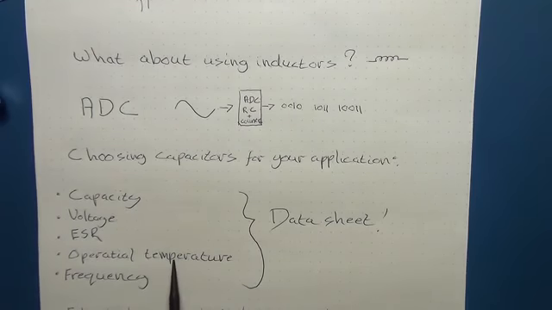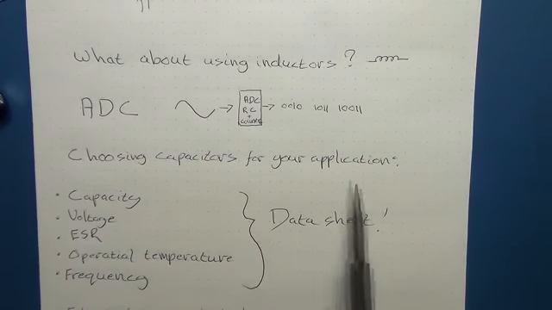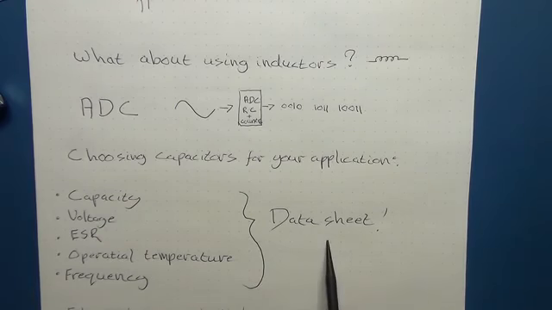So the operational temperature is important, and then obviously, as you've noted, if you've got a frequency component, capacitance changes with frequency. So you want to understand frequency, and all of those you want to go and look up in a data sheet and then understand the type of capacitor that you want.